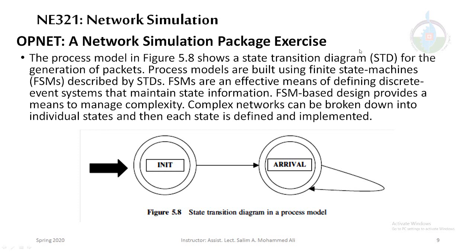We all know FSMs, finite state machines, are dependent on events other than time that maintain state information. FSM-based design provides a means to manage complexity. Complex systems can be broken down into individual states, and then each state is defined and implemented.